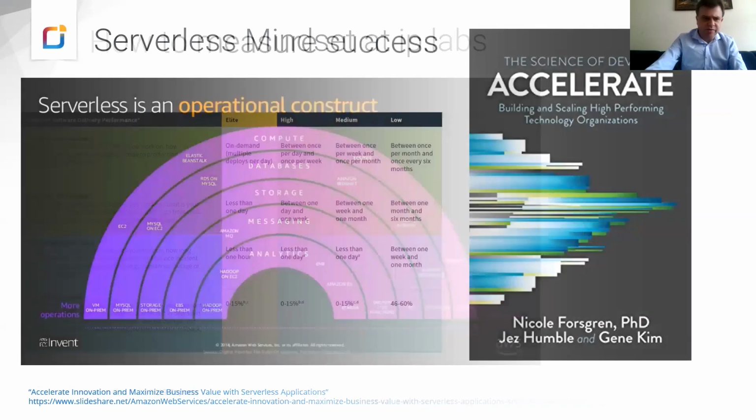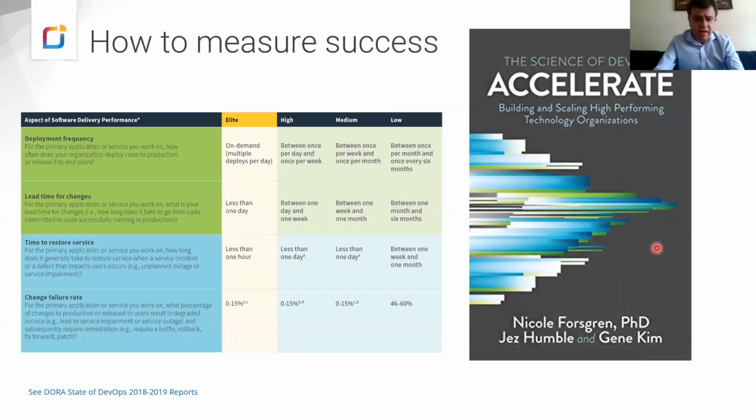Now, in terms of how to measure success, another book comes into play, and it doesn't relate to serverless. It just relates to software engineering. Probably everybody knows this book or has read it already: Accelerate, by Nicole Forsgren and Jez Humble. What they asked themselves, and the last report is still 2 years ago, is what makes a company successful in terms of quality and speed.